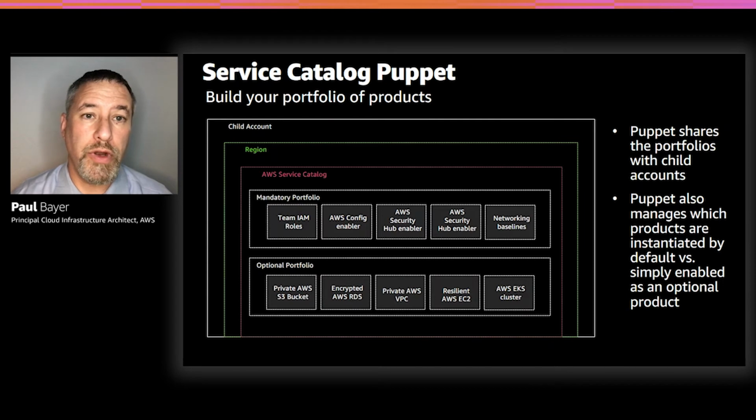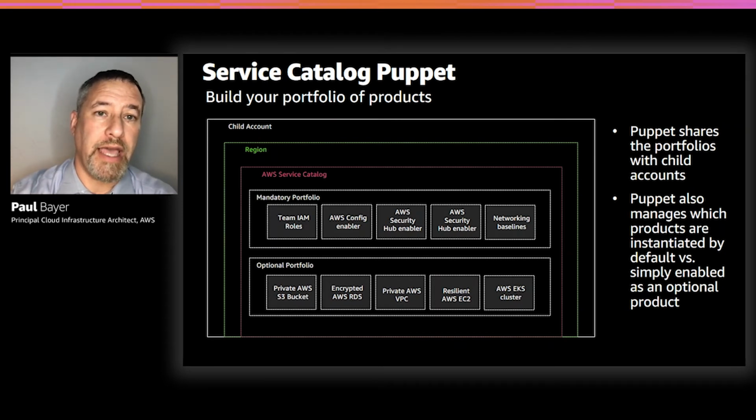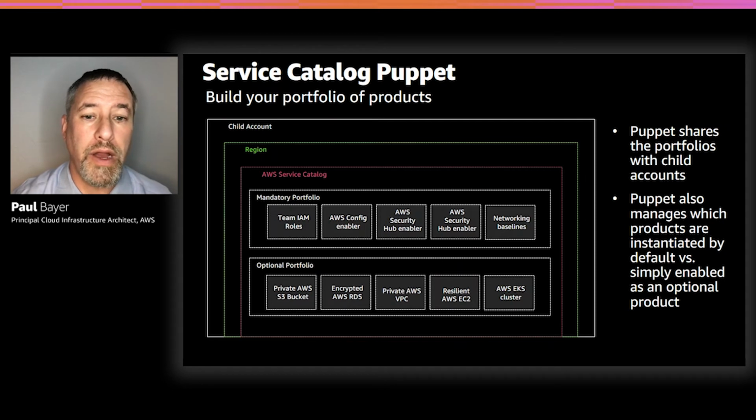That VPC would have been created by a platform team, that product, and pushed out to an application team's account in a specific region where that application team can decide of the many optional products they'd like to pick, which one they'd like to instantiate.